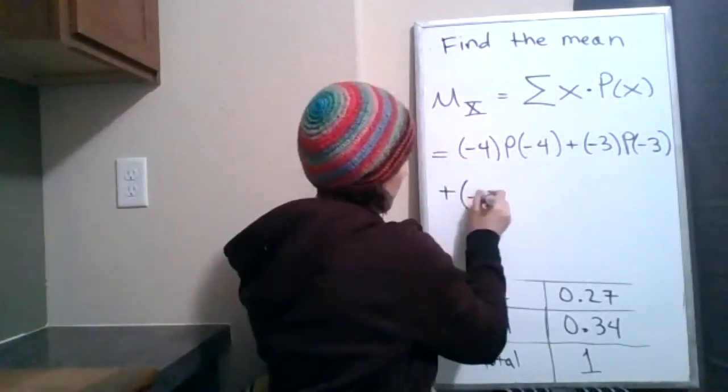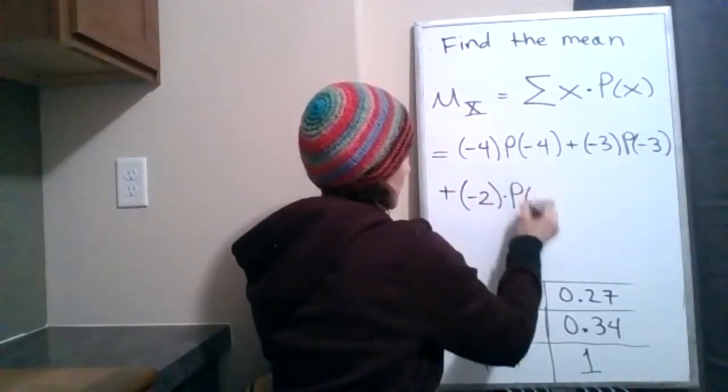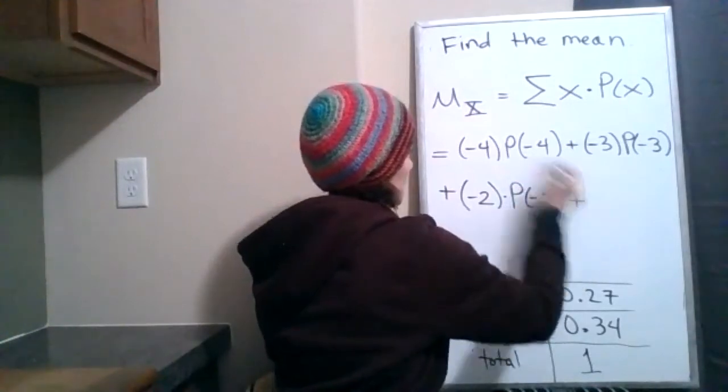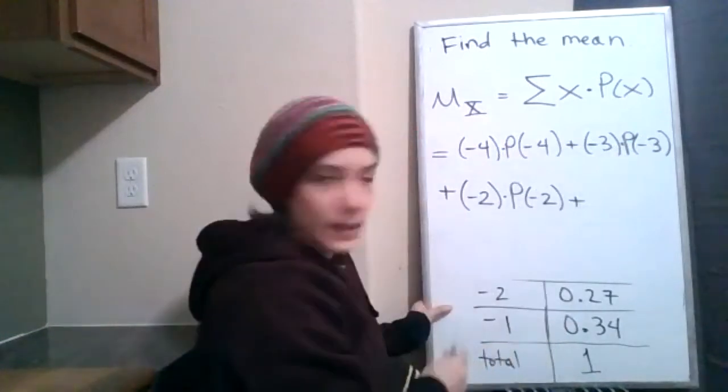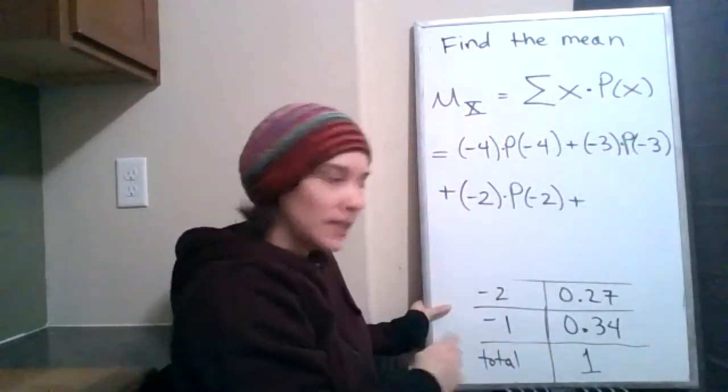Here, it's -2, -1 multiplied with this probability.